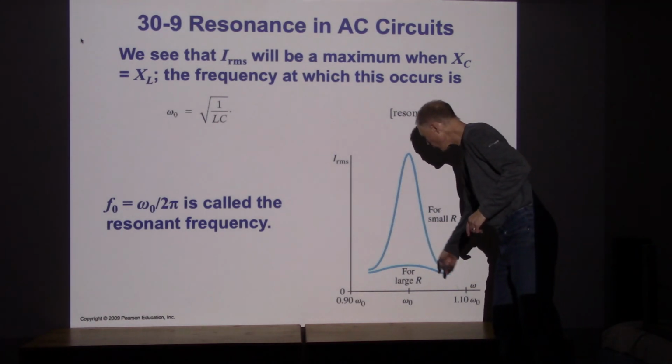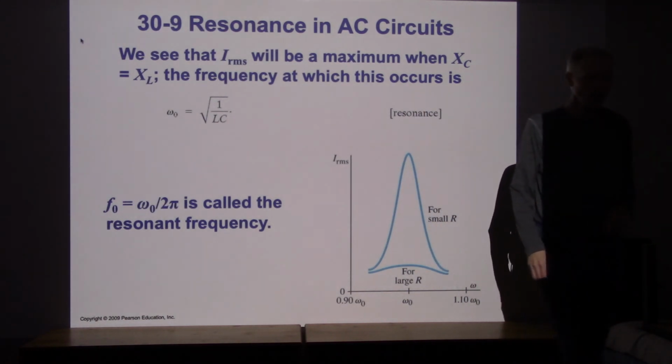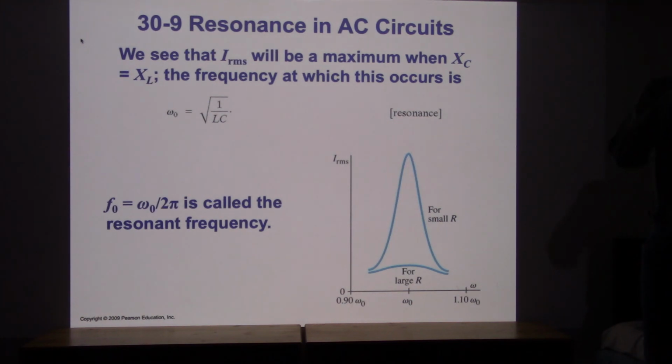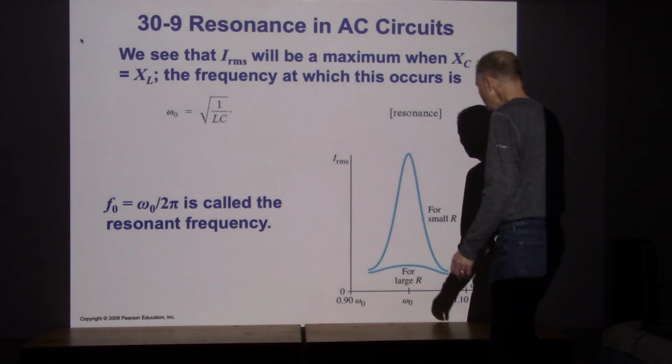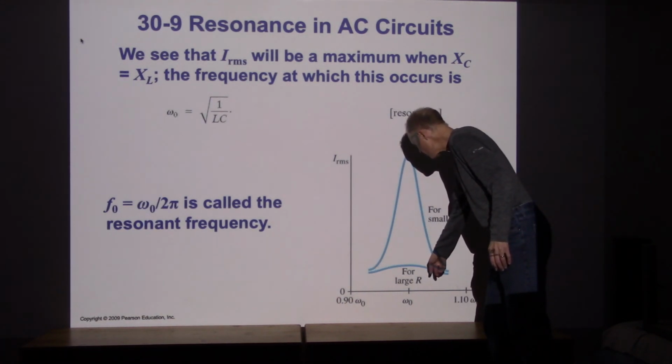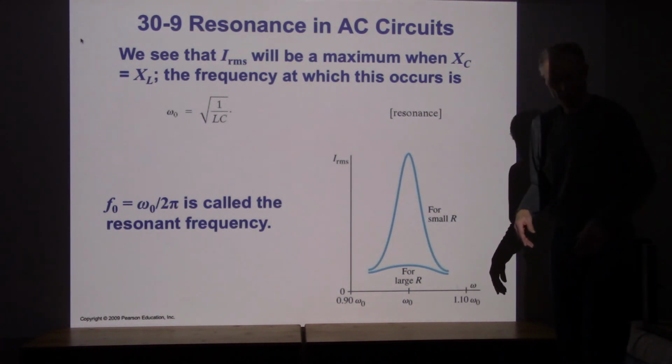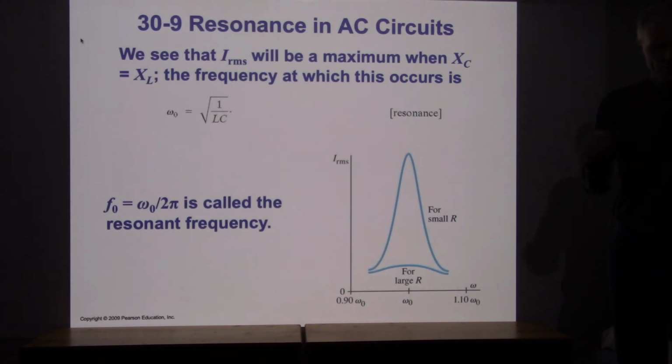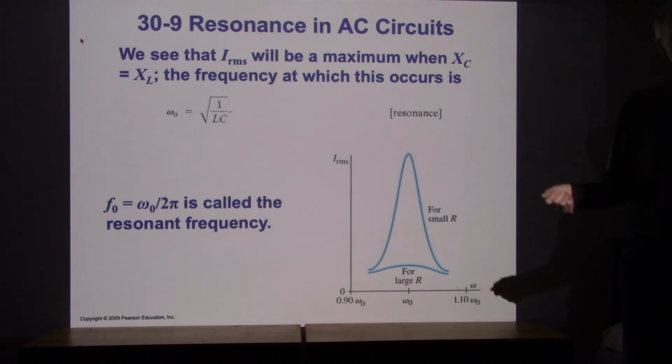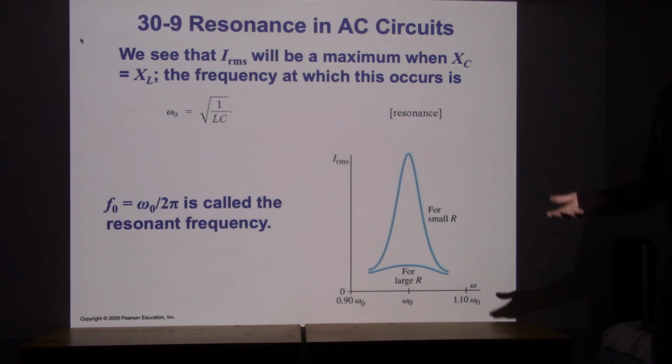Now if you get to larger values of R, if the resistance in the resistor is comparable to the impedance that we already had, then it's not going to be such a dramatic effect. But still, we're going to have the current maximize whenever we adjust the frequency so that it's resonance. Now remember, that means you got to have a way to adjust the frequency, right?